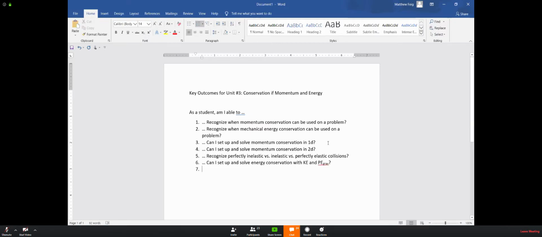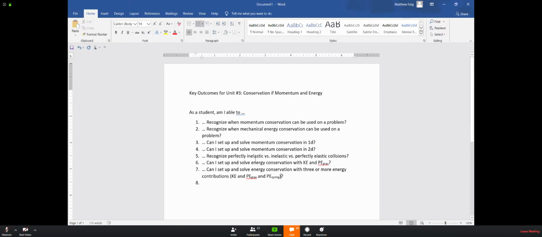Maybe one more, which relates to the problem I want to do, is can I set up and solve energy conservation with 3 or more energy contributions? And it could be this and this. It could be also PE of a spring. That could be another type of energy that could show up.